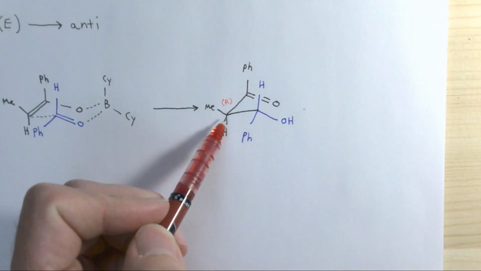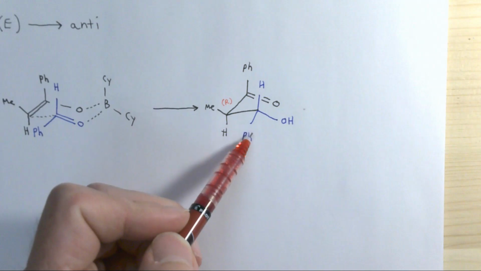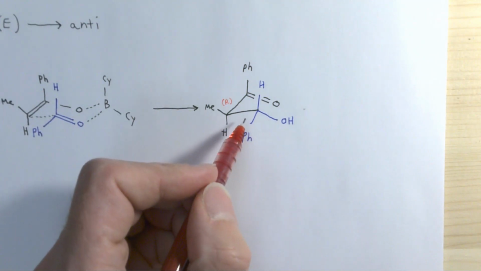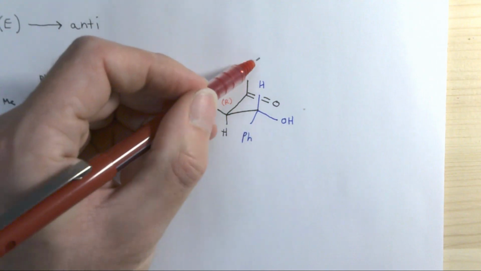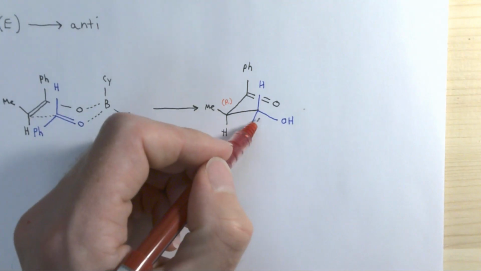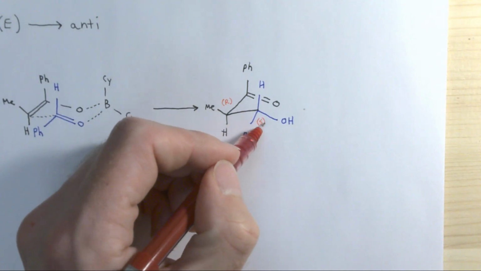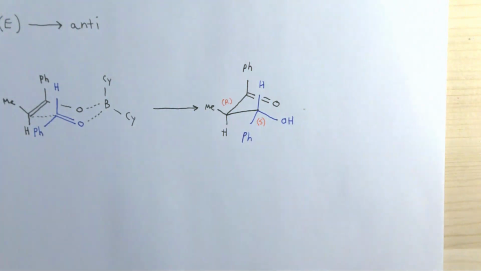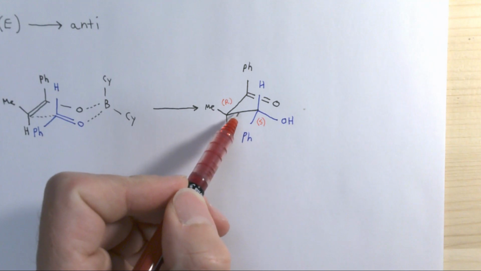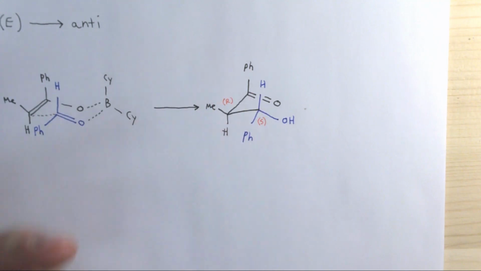Well, actually, no, wait a minute. Phenyl is going to be group 2 because that's going to have 4 carbons. This one's only got 3. So this looks like R, but if I'm looking down from above, it's going to reverse. So this is actually going to be an S-configured stereocenter. Okay. Remember, we're treating phenyl as group 2 here, so that's why it goes from the OH to the phenyl to the chain. Looks like R, but H will be coming out, so it's S.